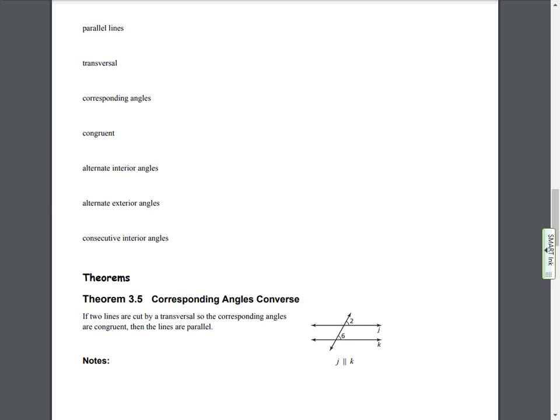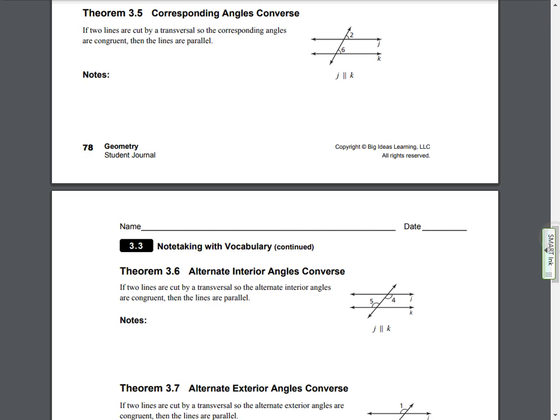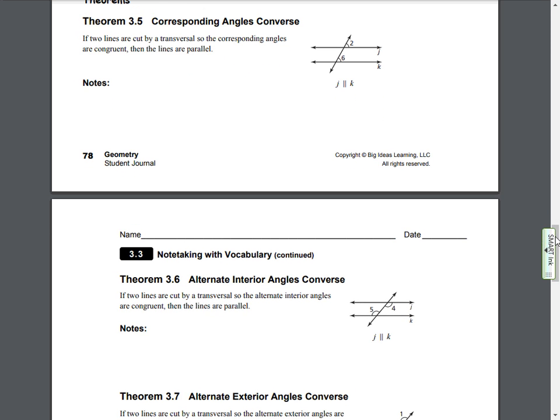Moving down, we have a couple theorems, right? Corresponding angles. If two lines are cut by a transversal, and the corresponding angles are congruent, then the lines are parallel, right? That's the converse. Okay, so theorem 3.5 is the converse, proving that they're parallel.